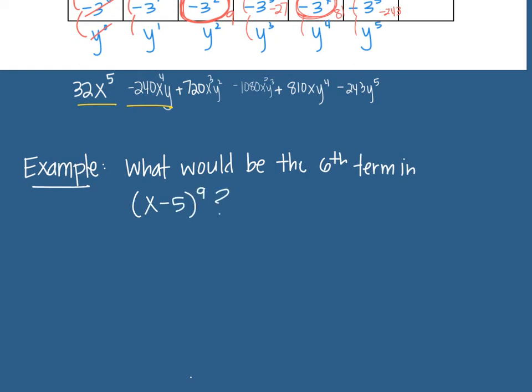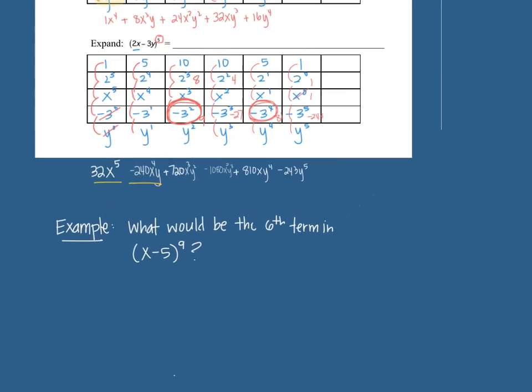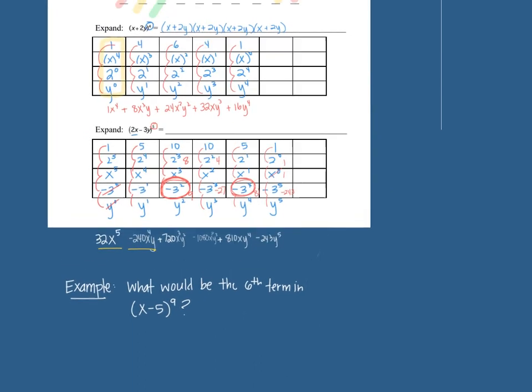And so they're not asking you to do the whole thing. They're just asking you, if you were to make a chart, just focus on the 6th column in the chart. Not the whole thing, just the 6th column. So you don't have to work out the entire thing, you just have to work out part of it.